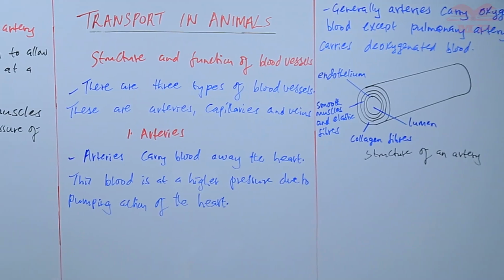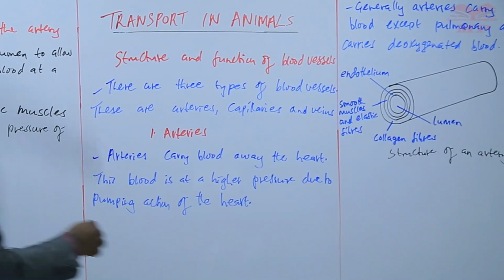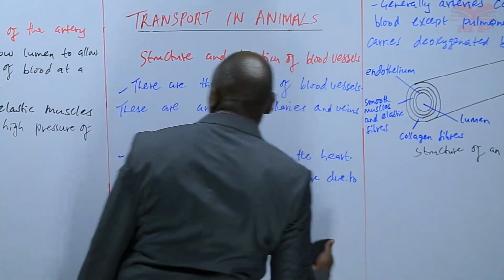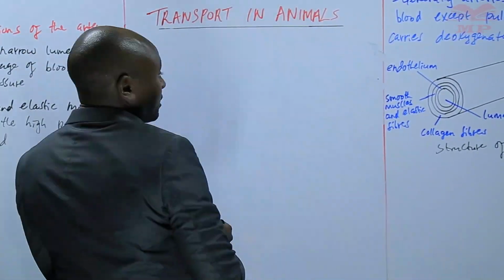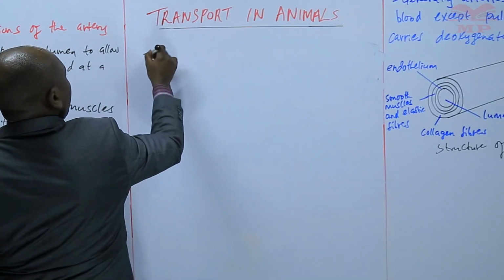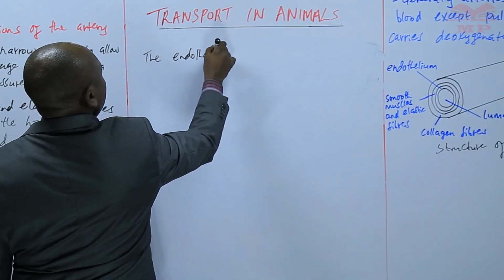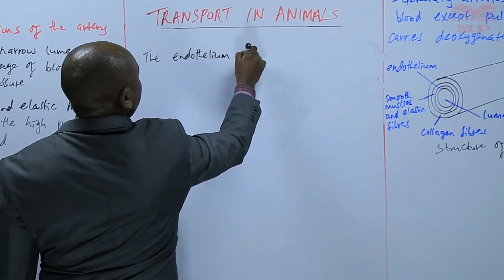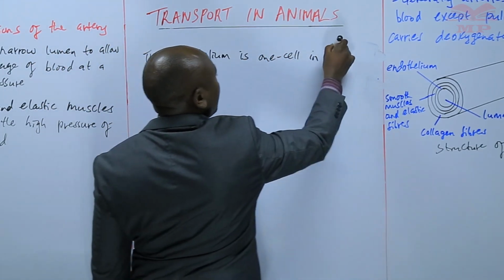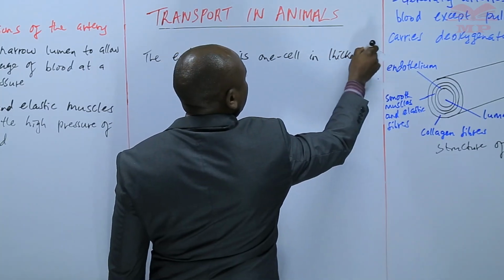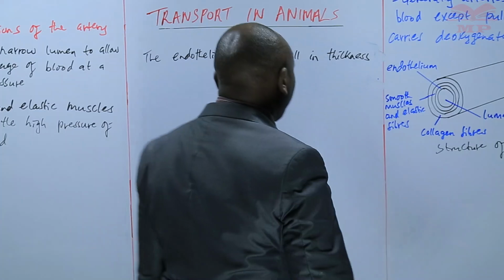It's also worth mentioning something besides the adaptations, that the endothelium is one cell in thickness. So that means it's a narrow layer.